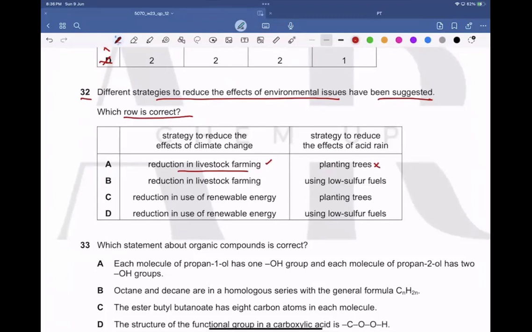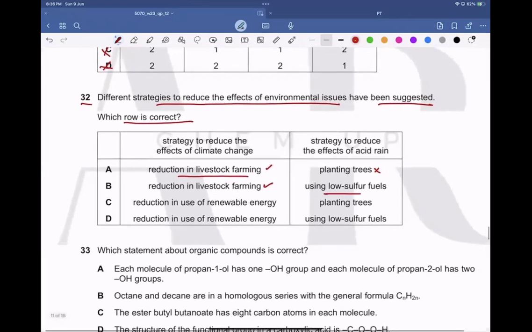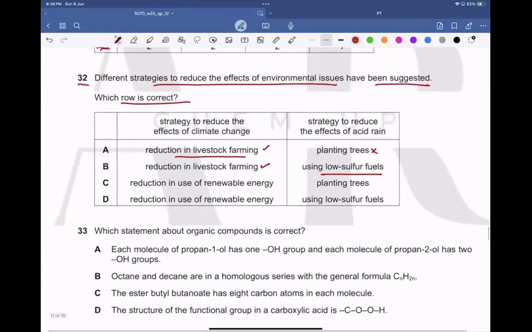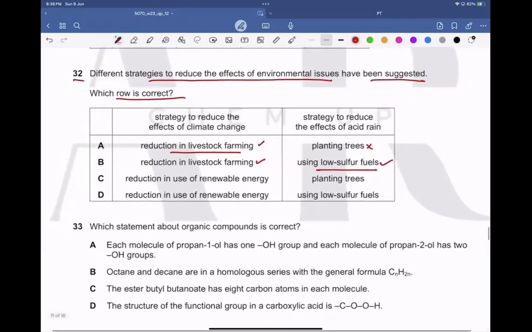So A is wrong. Reduction in livestock farming can change the effect of climate change. Using low sulfur fuels: yes, because if low sulfur fuels are used, less sulfur dioxide forms, so there would be less acid rain. So B seems correct. Reduction in use of renewable energy: if you are using renewable energy, then it doesn't have anything to do with climate change. So C and D go wrong. A goes wrong as well, and B is the correct answer.